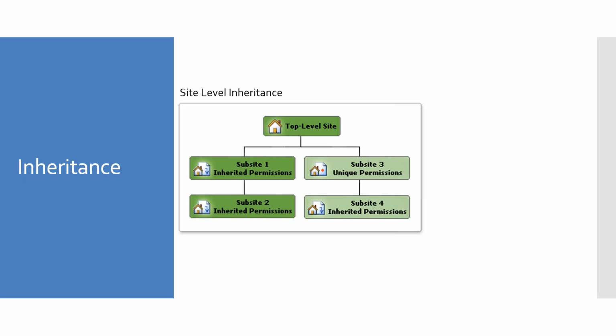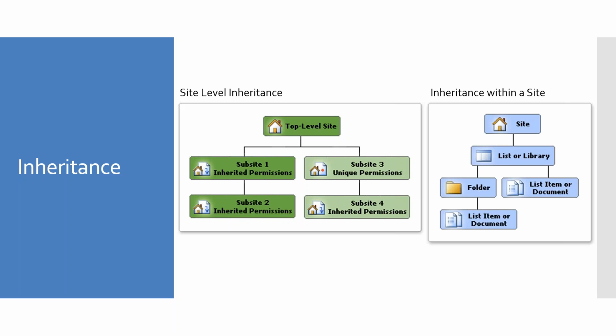Okay, so that's kind of the permission level. Now we can break that permission inheritance at any point. So if we wanted subsite 1 to have its own access control list, we could break the permission inheritance between it and the top level site. Subsite 2 would continue to inherit permissions from subsite 1.